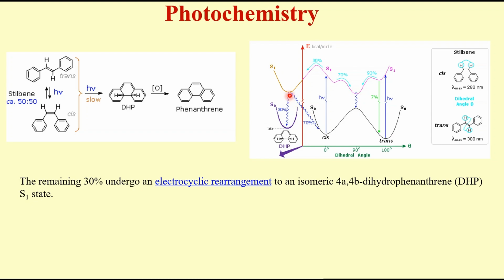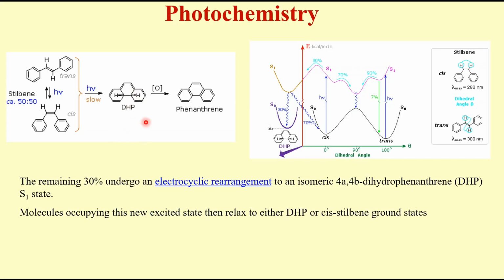This DHP loses the energy and comes down to the ground state and gives rise to dihydrophenanthrene. This dihydrophenanthrene, with a mild oxidizing agent like iodine or in the presence of air, undergoes dehydrogenation.